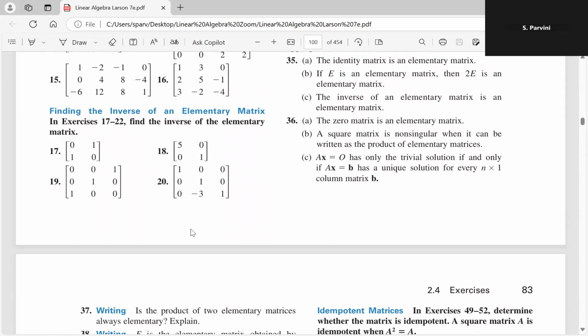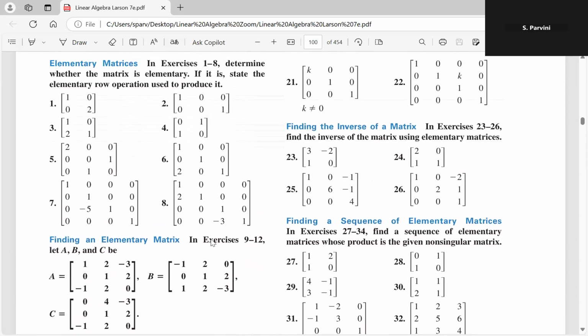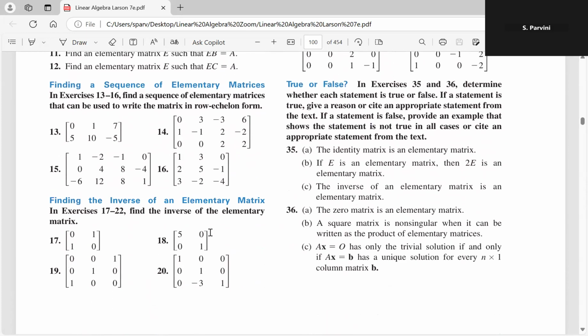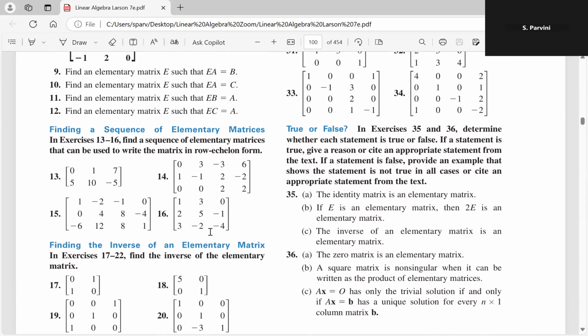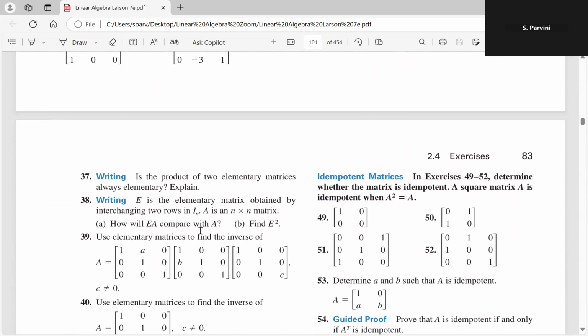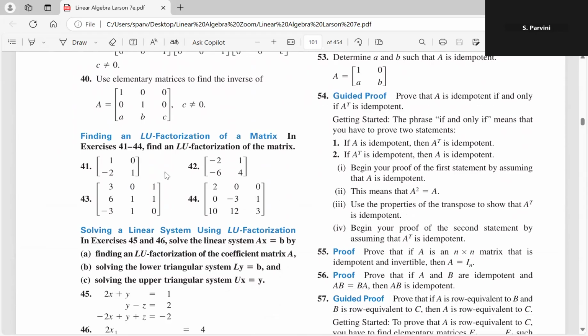Let's go to an LU factorization. I'm going to skip over all of these elementary matrices and inverse elementary matrices and all that. Let's go to an LU factorization. And there you go. These are numbers 41 through 44.